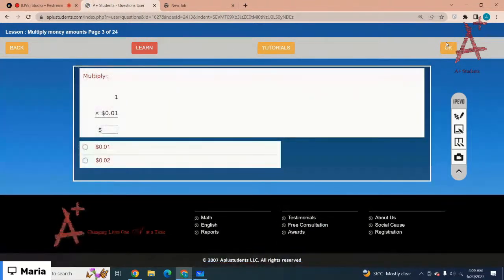Okay, the next one is 1 times 0.01. Yes, 1 times 1 makes 1. When you multiply 1 with any number, the answer is exactly the same number. So it would be 0.01. Got it?